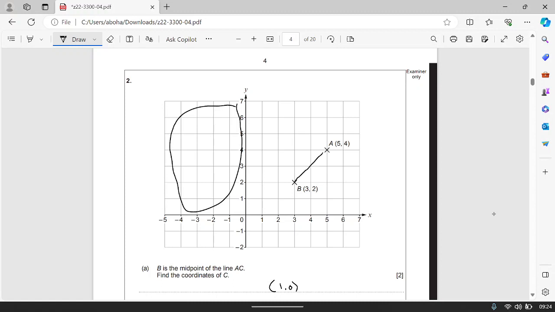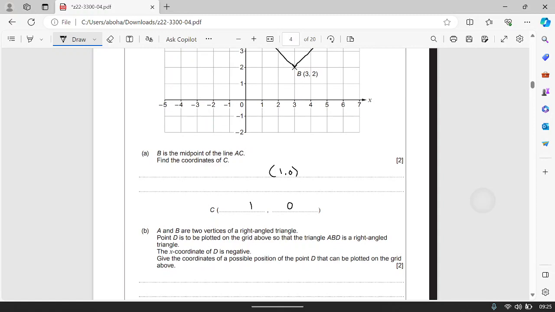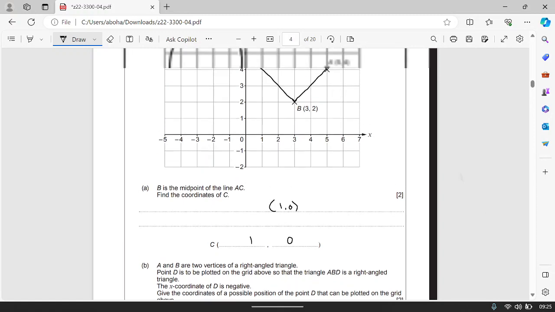Now if I just draw that there like that, well of course to give me a right angle triangle, what I'm going to do now, I'm just going to come through the diagonal here like so to there. Yeah, it clearly states that the x-coordinate of D is negative.